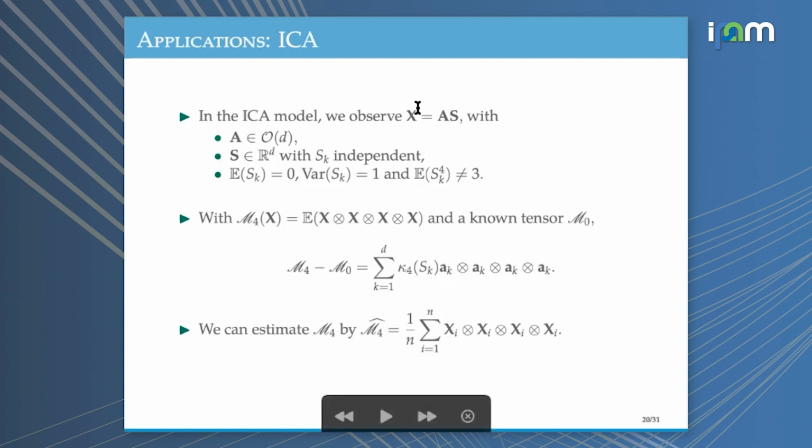So you can compute the fourth order moment of X. Actually, in this case, the better way of doing this is to think about the cumulant.